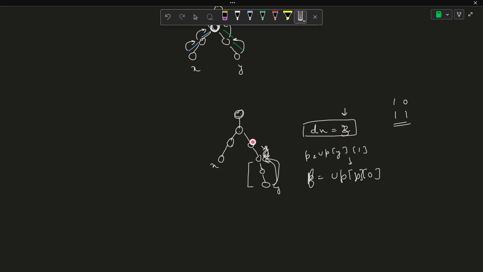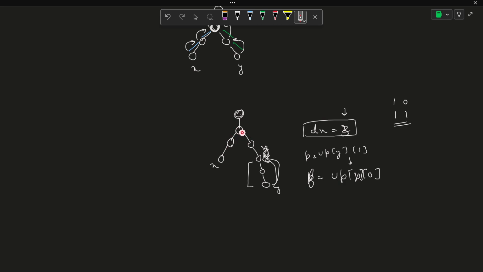So I would move it upwards in such a way that I do not miss the lowest common ancestor. That is my goal, so I only move it up till here. You will see in a while how we do it in the implementation, but the idea is to move both x and y together such that they do not cross the lowest common ancestor, they remain below it. This is how we move them upwards.